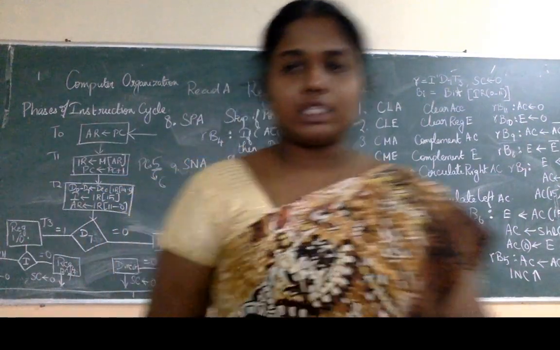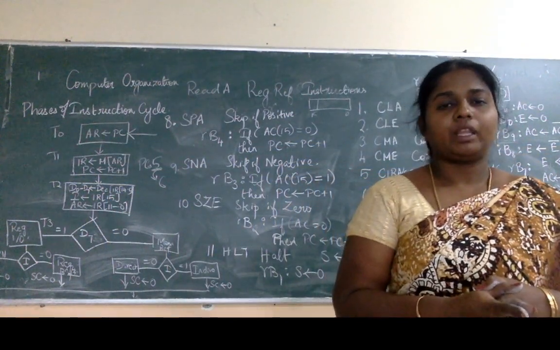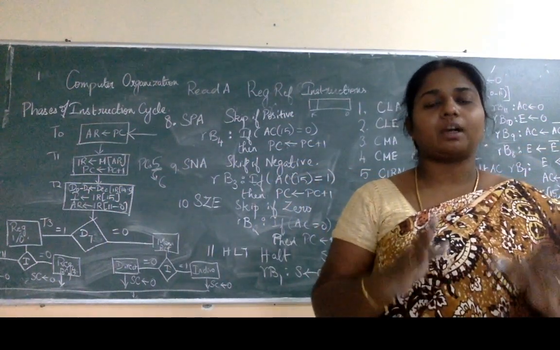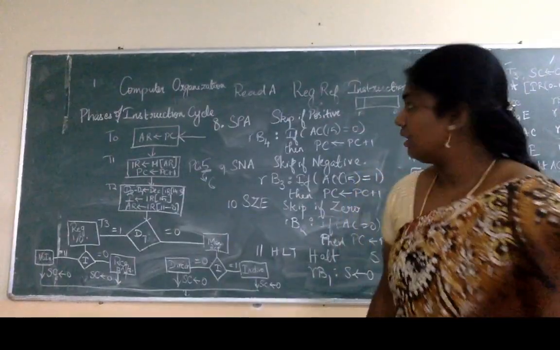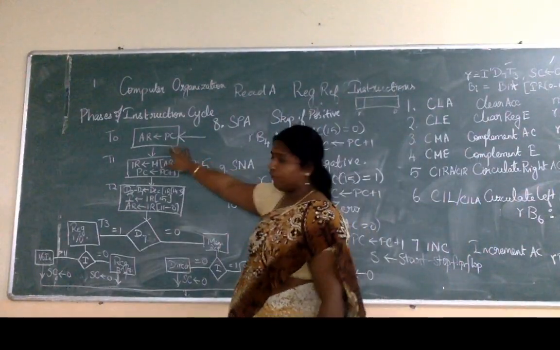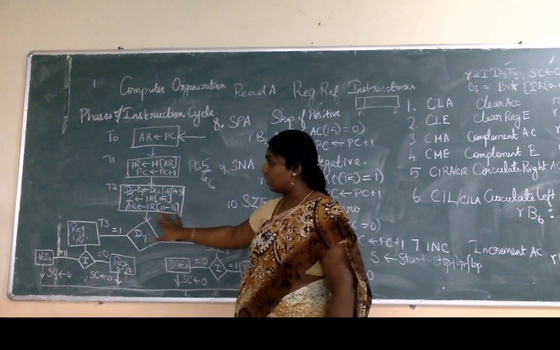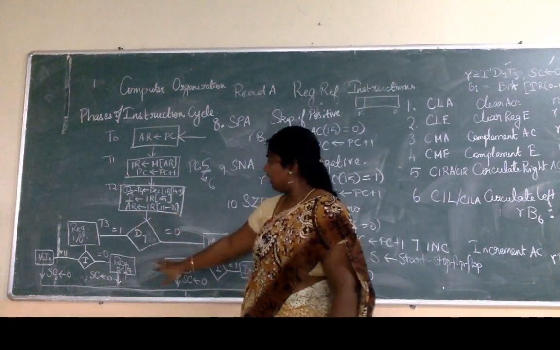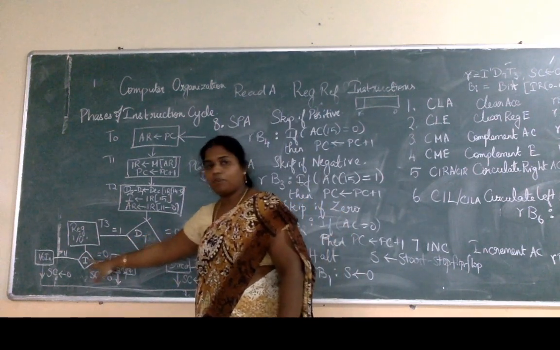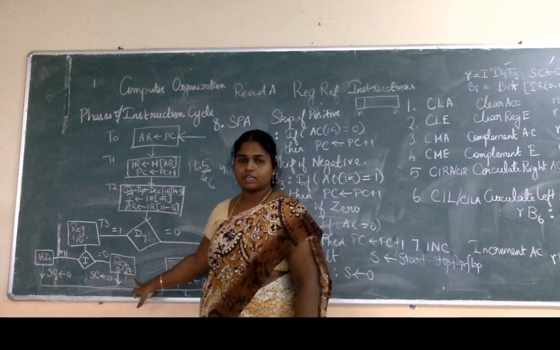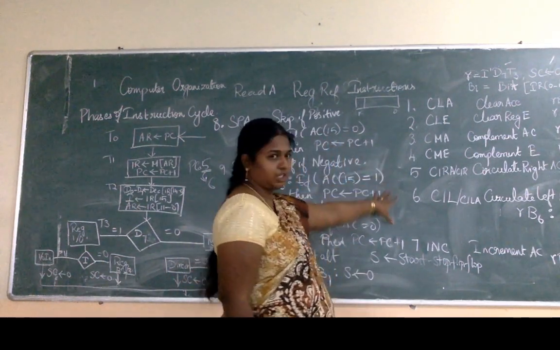So today we have seen all the register reference instructions. All register reference instructions are completed at time cycle T3. We have seen that we fetch the instruction at T0 and T1, we decode the instruction at T2, and at T3, if D7 is 1 and the value of I is 0, then we perform a register reference instruction. We have got 11 different register reference instructions.